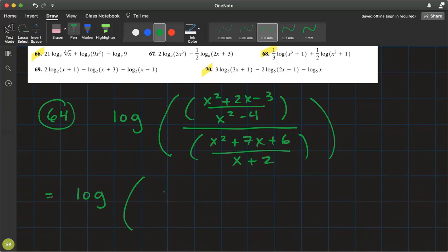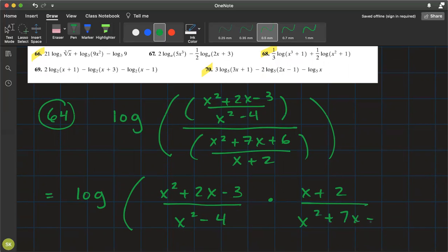This is the log of x squared plus 2x minus 3 divided by x squared minus 4, times x plus 2 over x squared plus 7x plus 6. Now, I don't want to multiply all of this out, and then realize later that I could probably have simplified it some.